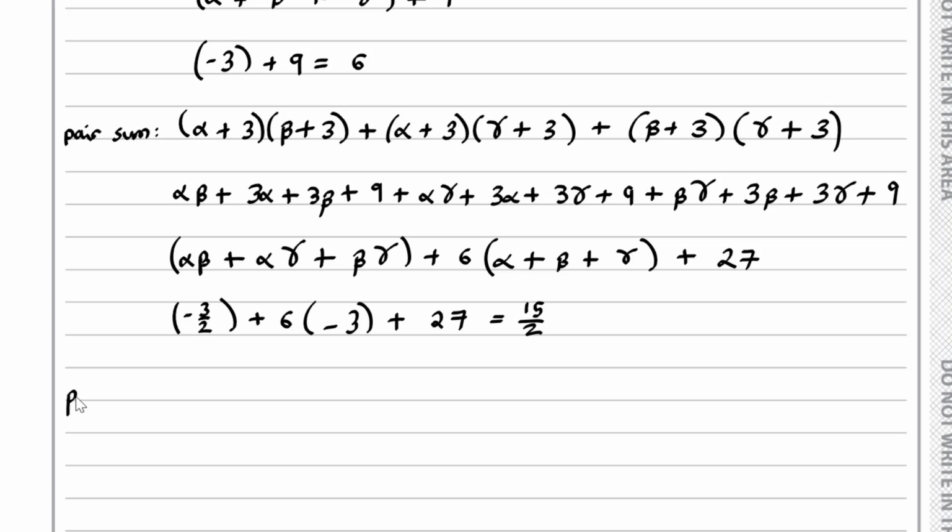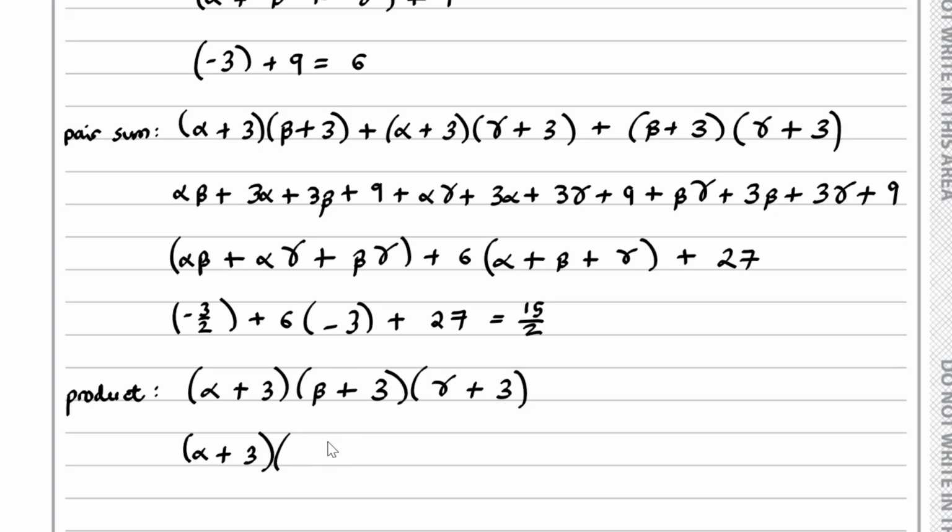And finally, for the product, we multiply those roots together: alpha plus 3 lots of beta plus 3 lots of gamma plus 3. If we multiply these two brackets together, we have beta gamma plus 3 beta plus 3 gamma plus 9.